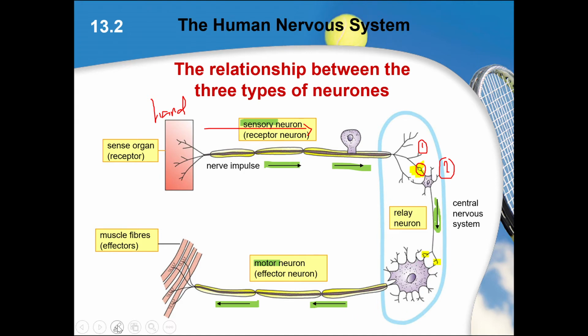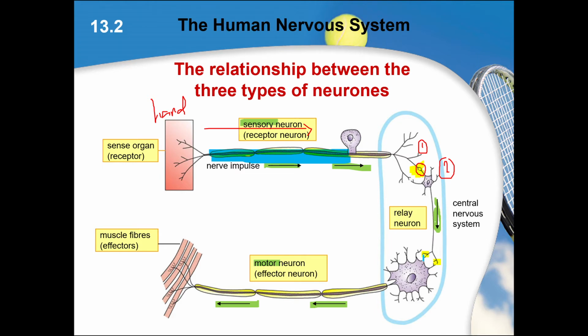So if you look here, you will be able to observe that dendrons on the sensory neuron are very long. This entire portion, which I've highlighted in blue, makes up the dendron. Okay, so dendrons, if you remember from my previous video, are the parts of the cell that transmit nerve impulses towards the cell body.